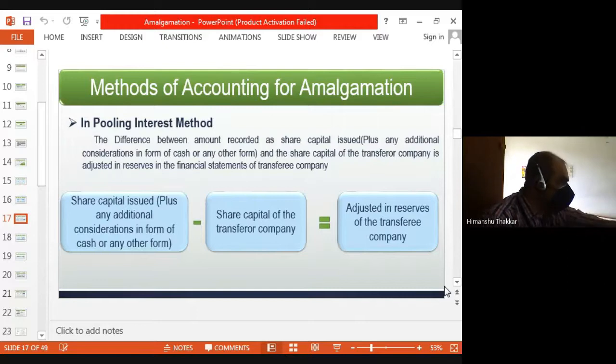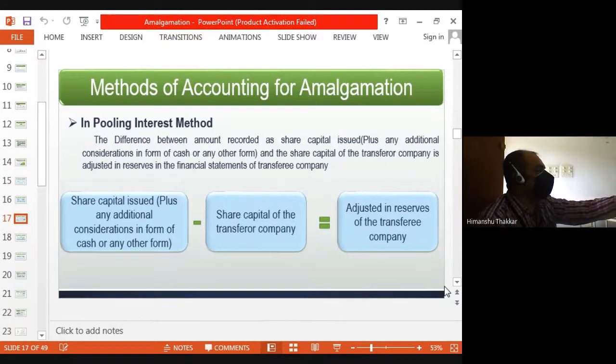I gave them 1,20,000. What was their existing share capital? 1 lakh. So how much more did I give them? 20,000. Is this 20,000 a profit for me or a loss for me? Loss. Whenever you pay more, it's a loss. So this will be adjusted in the reserves of the transferee company. So what I'll do is take the total of reserves minus the loss on the share capital which I've given, and then write it in the balance sheet.